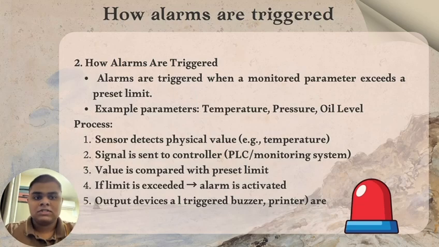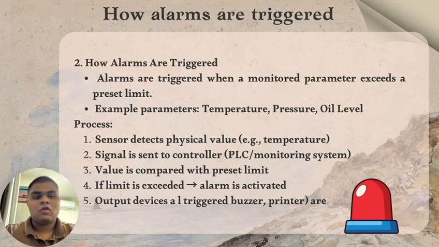The process starts when a sensor detects a physical value, for example a temperature. The signal is then sent to a controller like a PLC or a monitoring system. Then the value is compared with the preset limit. If the limit is exceeded, the alarm is triggered.